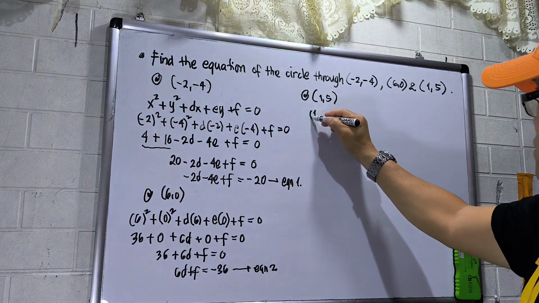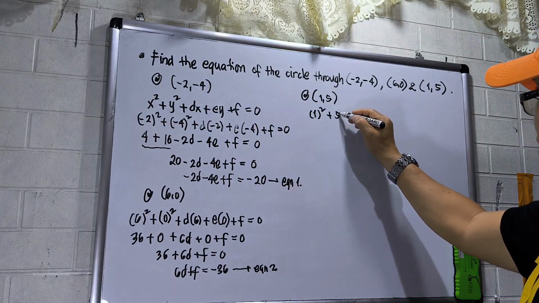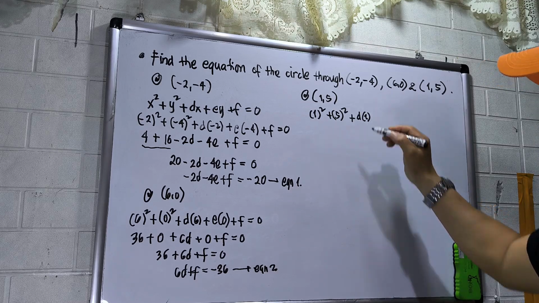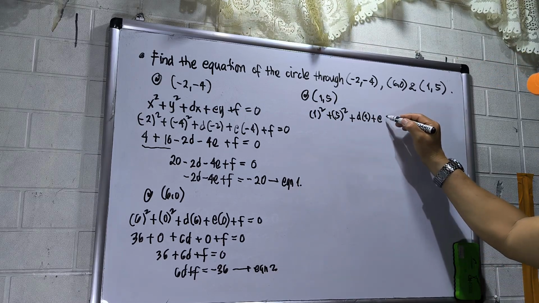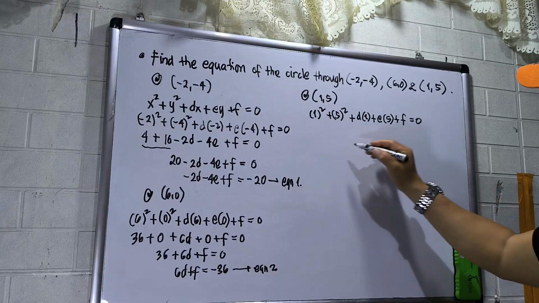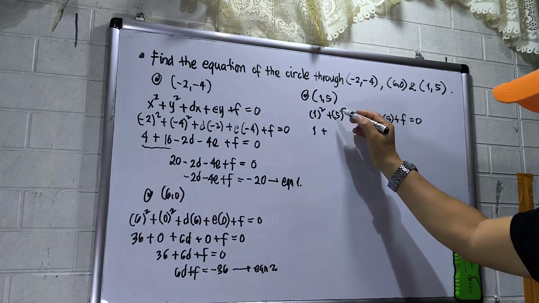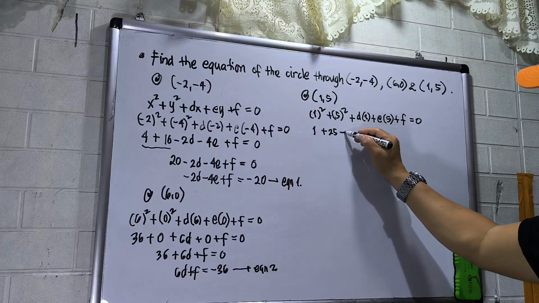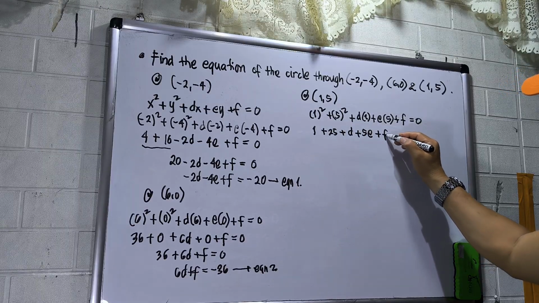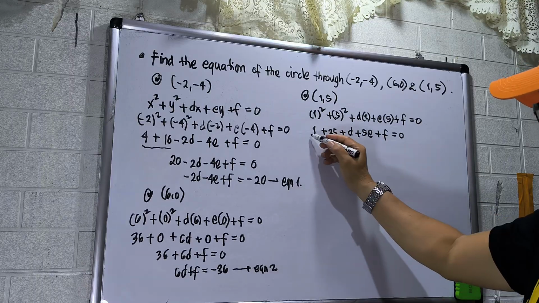So this will be 1 squared plus 5 squared plus d times 1 plus e times 5, then plus f is equal to 0. So this will be 1. 5 squared is 25, plus d plus 5e plus f is equal to 0. Sum up this one.